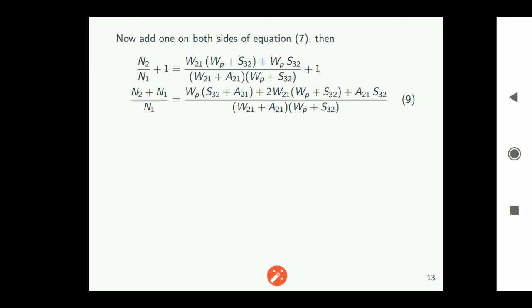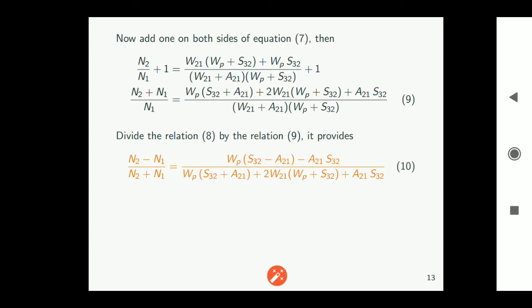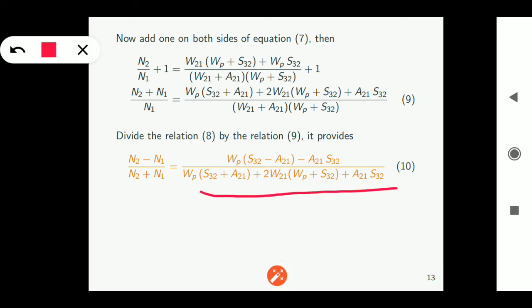Taking the ratio of equation 8 to equation 9, the denominators being common will get cancelled. Numerator of equation 8 divided by numerator of equation 9 will be the values as shown in this expression. So you get N2 minus N1 divided by N2 plus N1 equal to the RHS of equation 10.